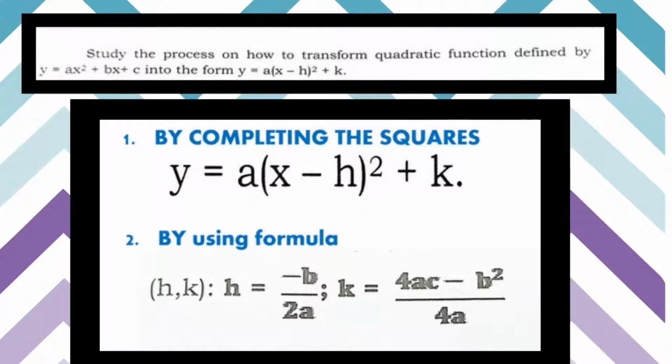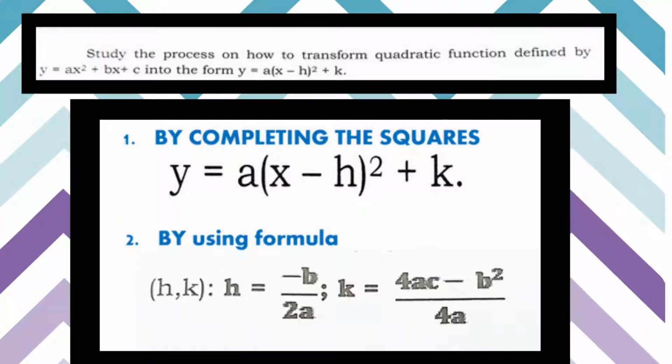The quadratic function in the standard form can be transformed into the form of y equals a quantity x minus h squared plus k, and it is called the vertex form. You have two methods in transforming it into vertex form. First is by completing the square, and the second by using the formula of the vertex.